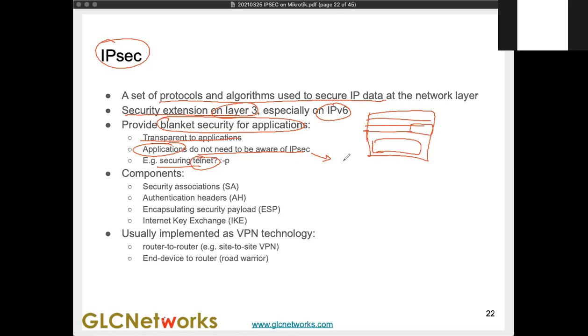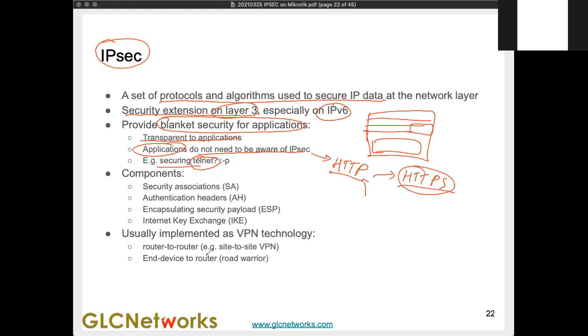For example, HTTP has no encryption, so software programmers need to rewrite the code so that HTTP can support security.